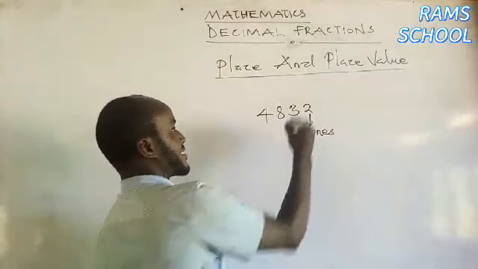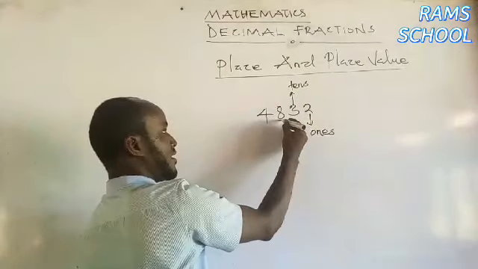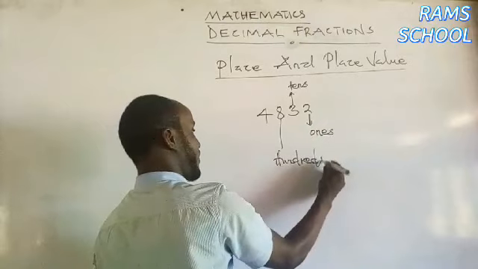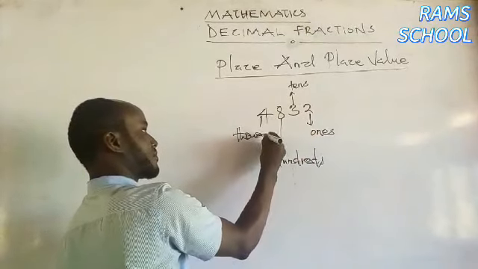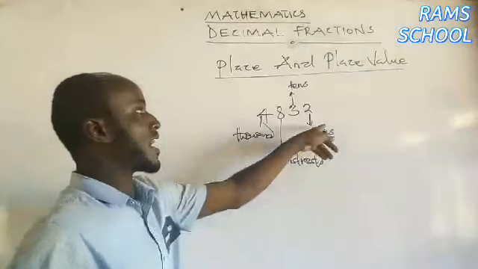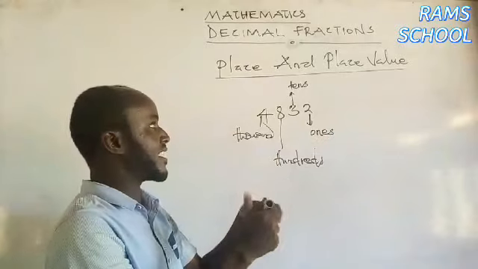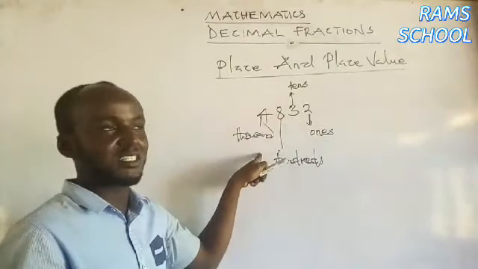The 3 is tens. The 8 here is hundreds. And the 4 here is thousand. So these are called place. The place of 2 is ones, the place of 3 is tens, the place of 8 is hundreds, and the place of 4 is thousand.